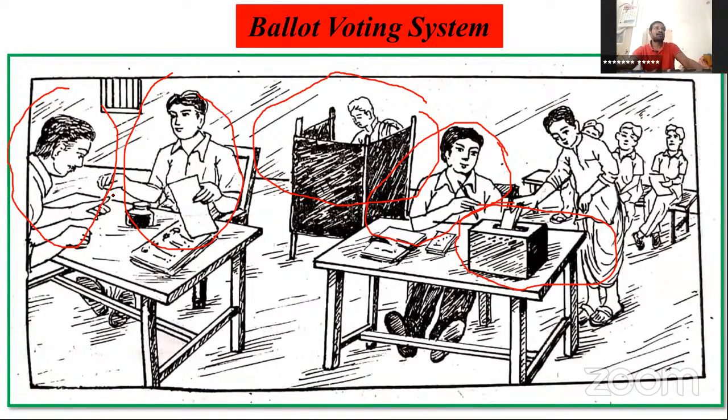The polling officer applies indelible ink to the voter. He gives him a ballot paper and he goes to the secret compartment. Then he comes back to the ballot box at the presiding officer. He puts the ballot paper into the ballot box.